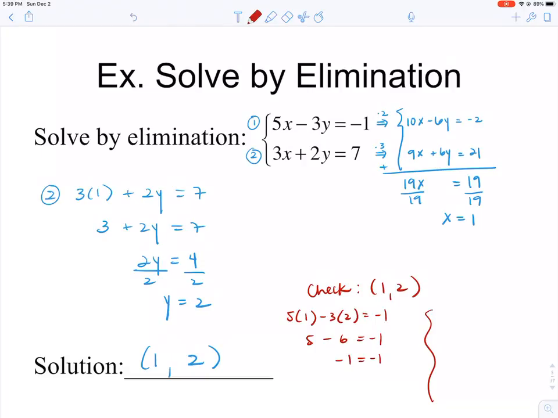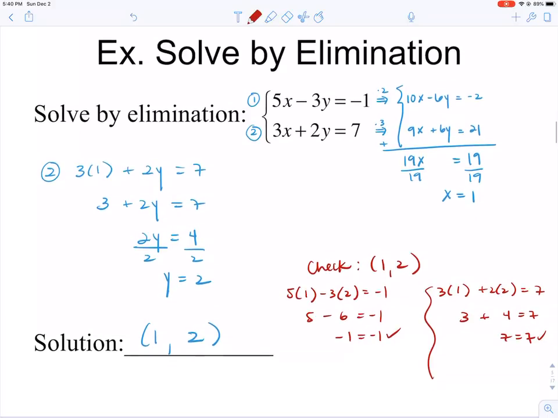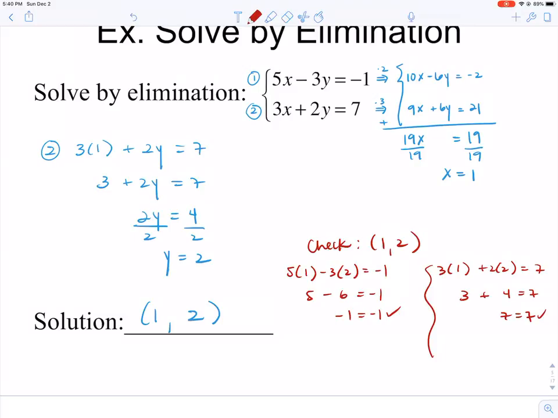So we get -1 equals -1. And then checking in the other equation, we get 3 plus 4 equals 7. 7 equals 7. So both equations check. (1, 2) is our solution, the ordered pair (1, 2).